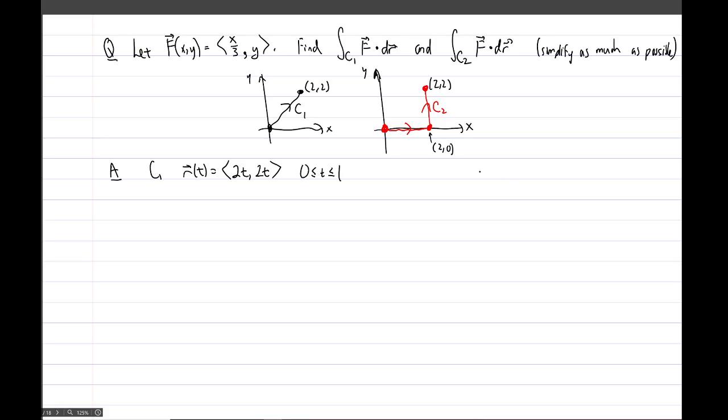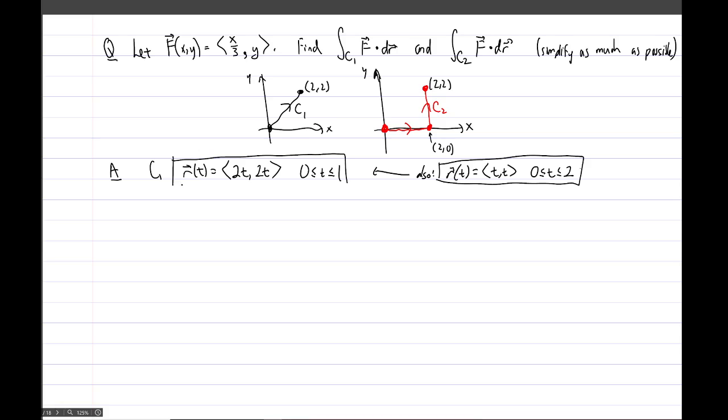We'll just point out that another option: you could do r of t equals angle bracket t, t, but then t would have to go between 0 and 2. Now that works, this is technically completely fine, but we're just going to stick with this parameterization instead. Why not? Maybe we'll just cross this out. It works, but we don't want to get confused.